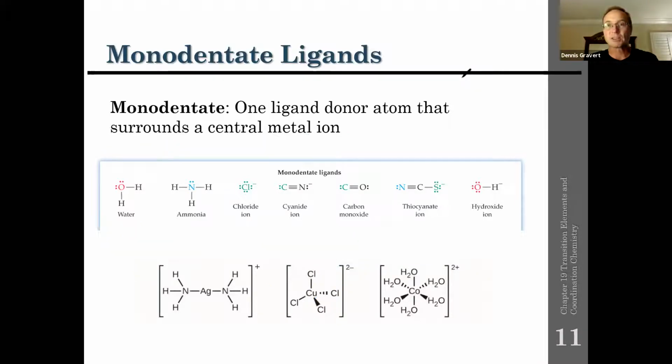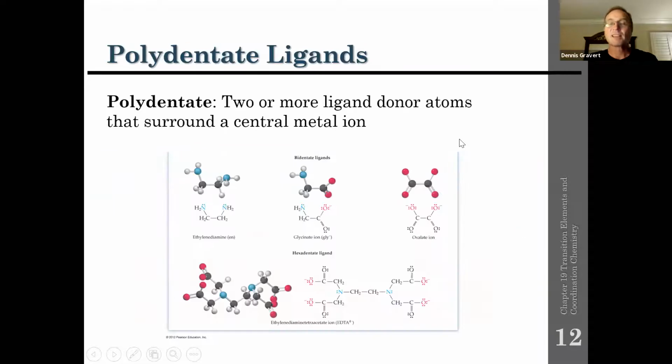There are other molecules, however, that attach more than once. So poly means many. So we had mono meaning 1. You could have a didentate, or is it bidentate? Meaning 2. Polydentate's a general term with more than 1. So we have this very common molecule. I don't know if you can read it on the screen. It's ethylene diamine, abbreviated en.